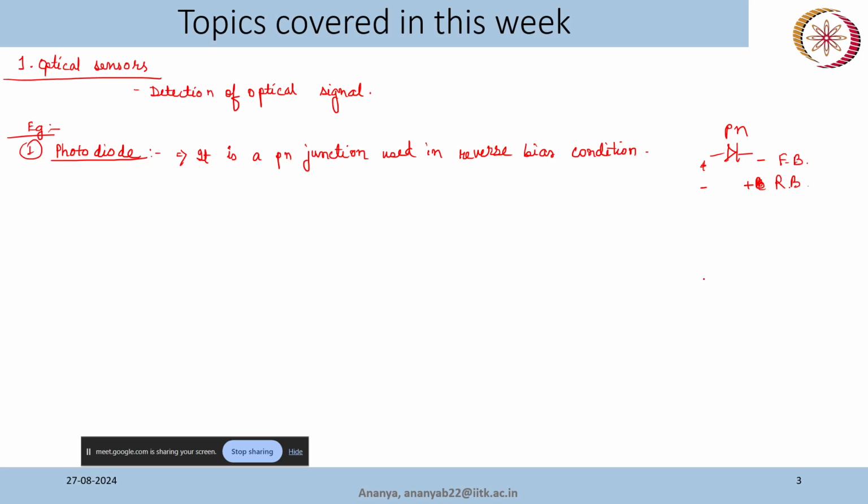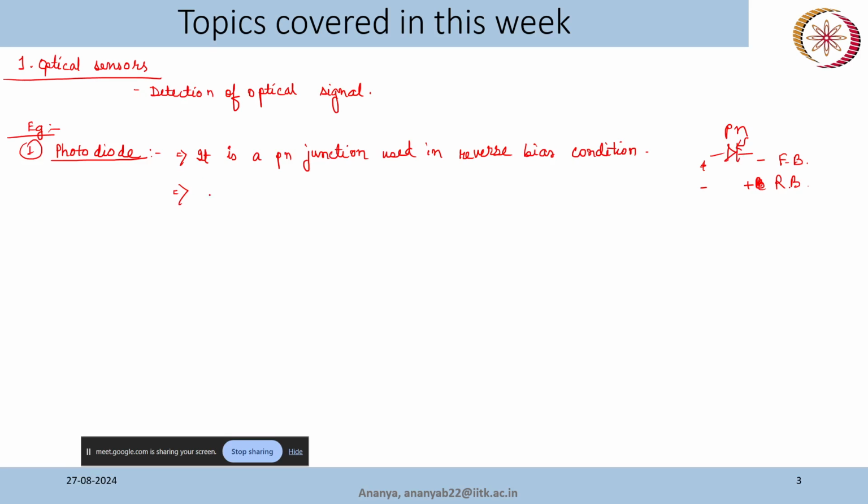Now what is the working mechanism of a photodiode? Due to incident light, electron hole pairs will be generated at the junction, and those photo generated carriers will contribute to the total current.